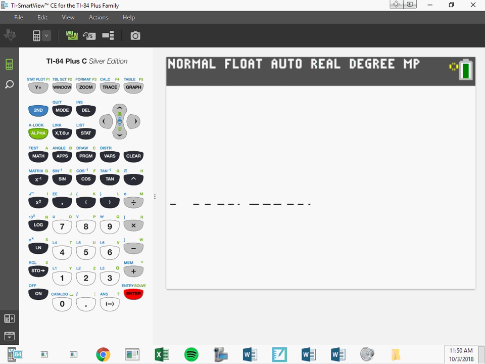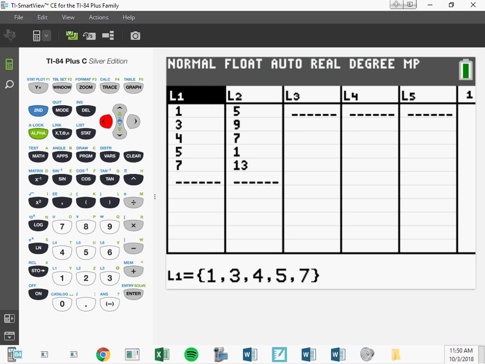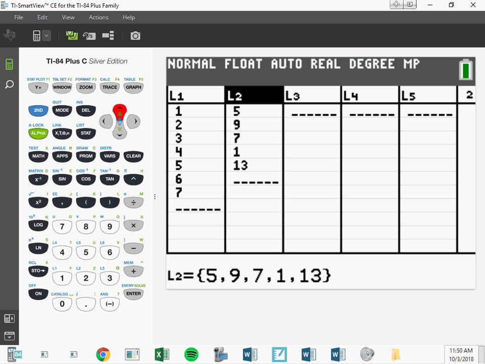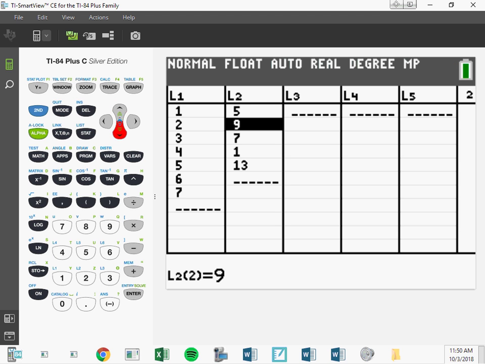So go into Edit and put in my X values. Okay.